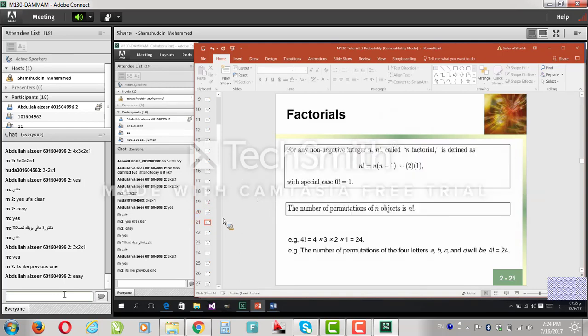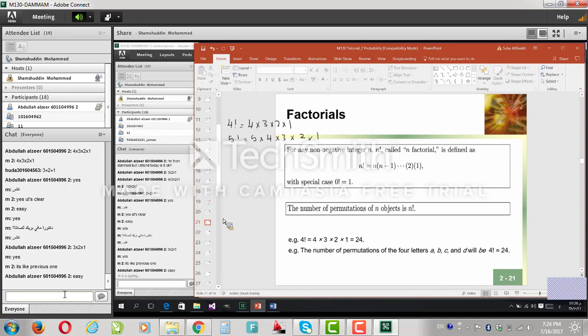For example, factorial 4 is 4 times 3 times 2 times 1. If I say factorial 5, it is 5 times 4 times 3 times 2 times 1, and so on. The calculator can find it for you.